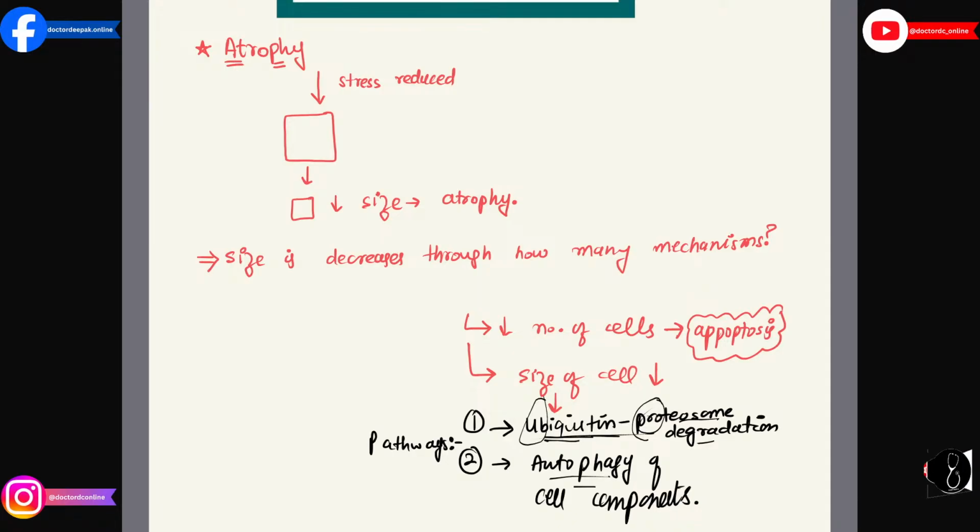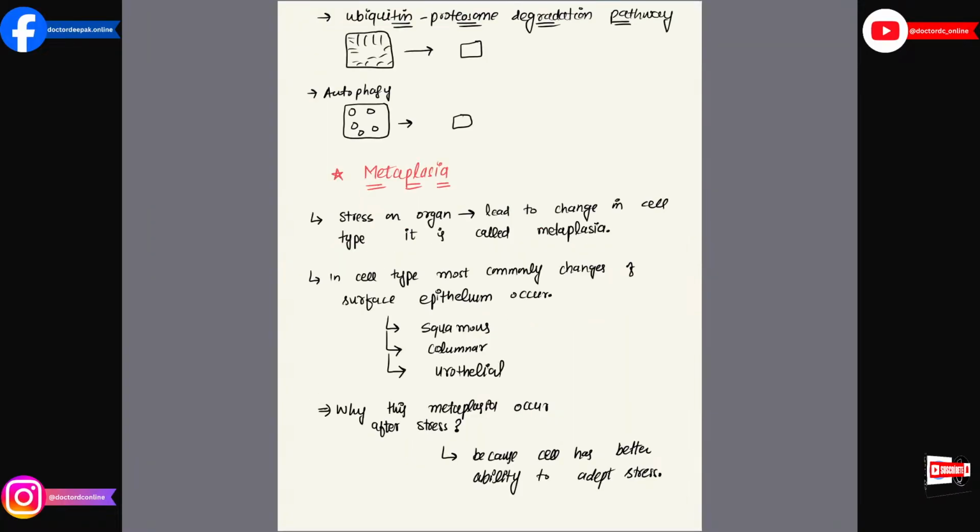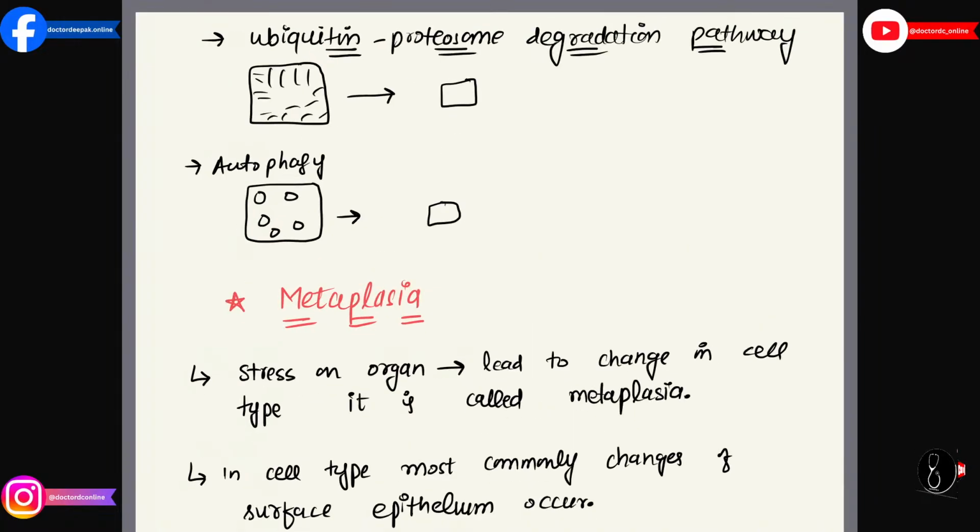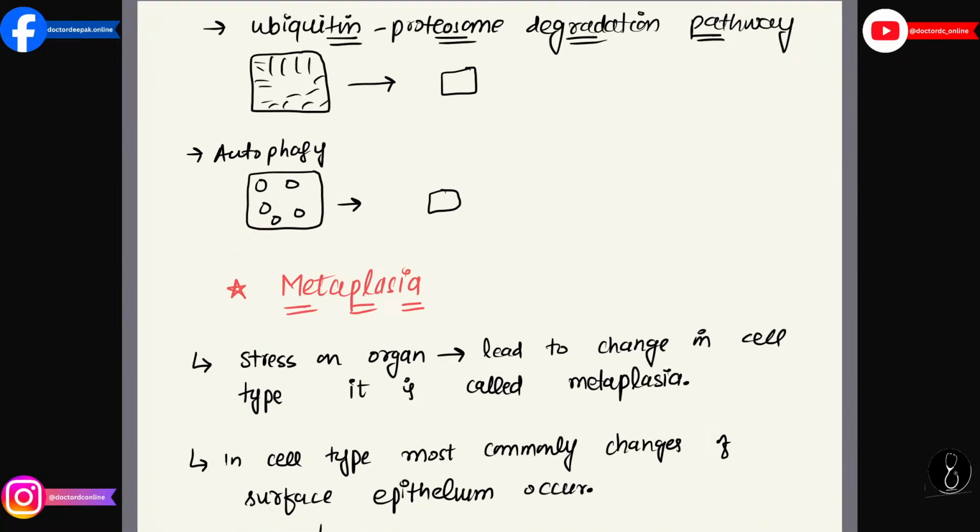Let's try to understand these terms with the help of a diagram. Here I have made two diagrams. The first one is the ubiquitin proteasome degradation pathway, and the second one is autophagy. Let's understand. This is the cell, and inside the cell there are cytoskeleton proteins.